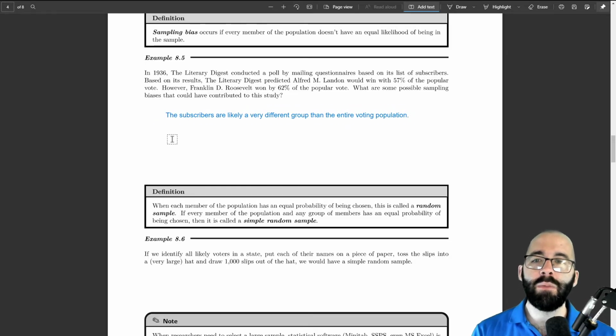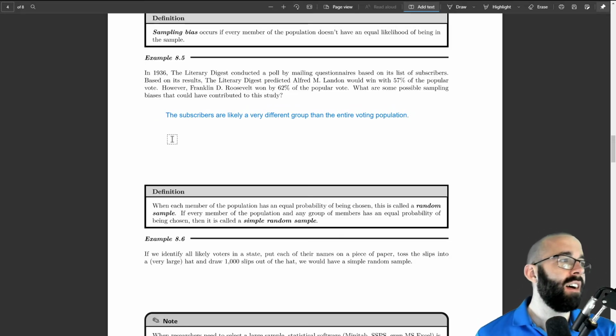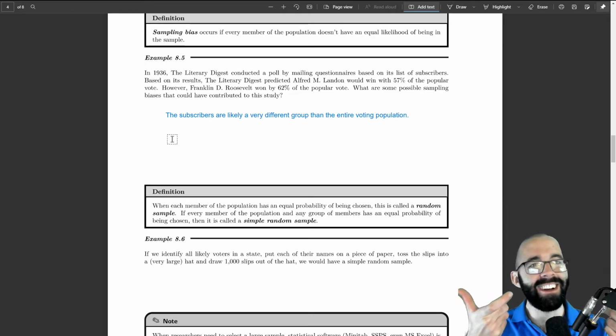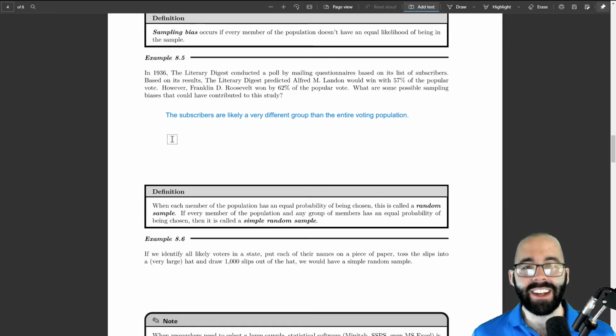Like if we polled a bunch of people who watch Fox News, and a bunch of people who watch CNN about an election, they're going to have very different voting information.